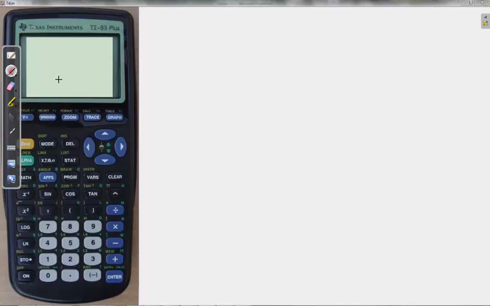So the first one we're going to look at is exercise 24. We have x minus y plus 2z equals 2.